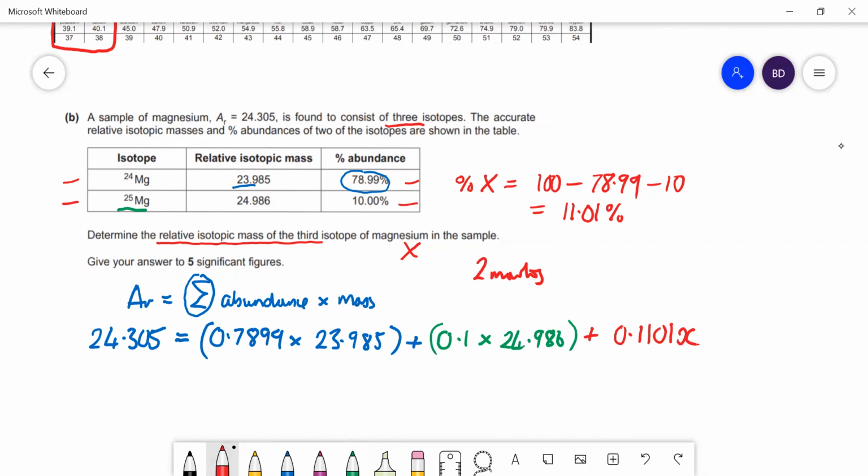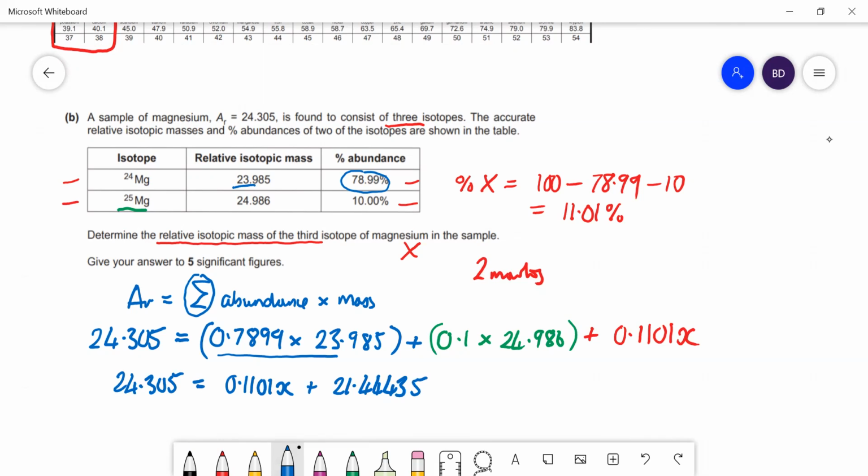Right, so if you simplify all that, you end up with 24.305 is equal to, work out that bit in the blue there, I won't work out all the individual bits, 0.1101x plus 21.4443.